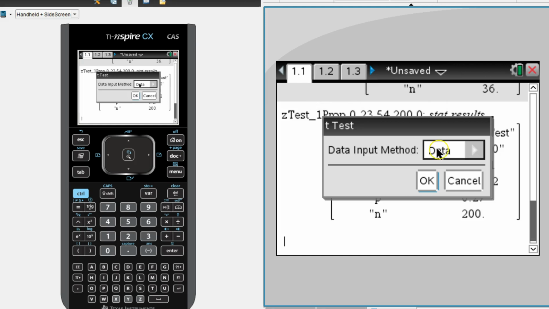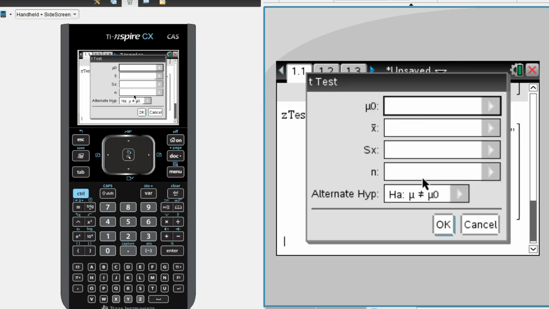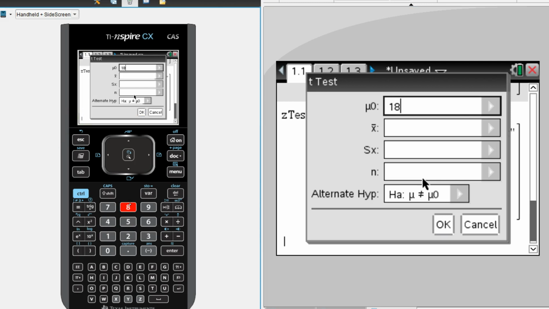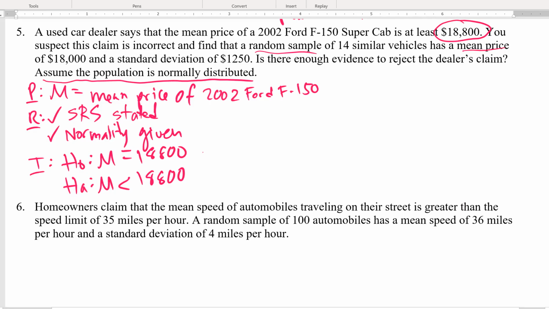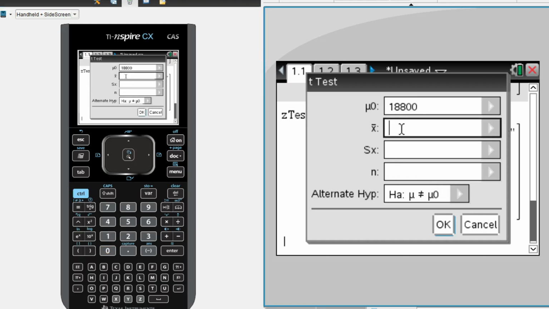Means are a t-test. We have statistics this time. Our claim is 18,800. The mean that we got was 18,000. That's our x bar. 1250, that's our s.